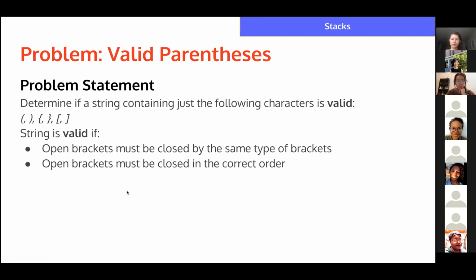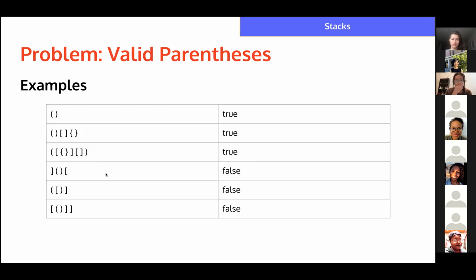So thinking through this problem, stacks are useful here to check balance. And here we're checking that when a closing bracket happens, we have to have seen an opening bracket of the same kind before.